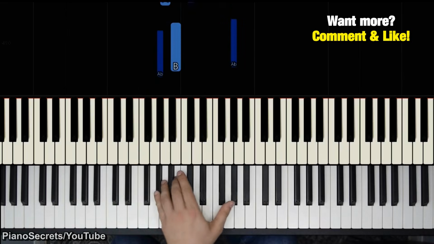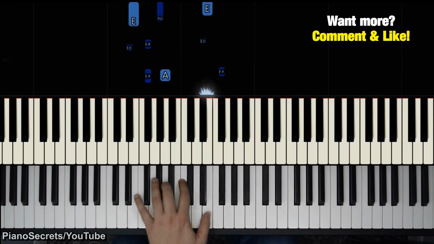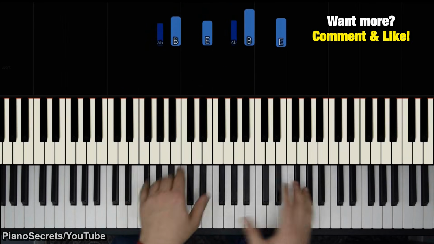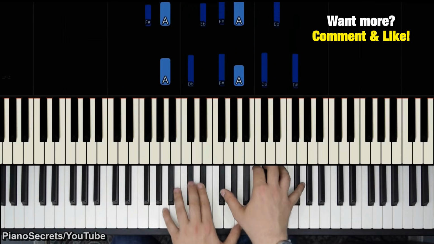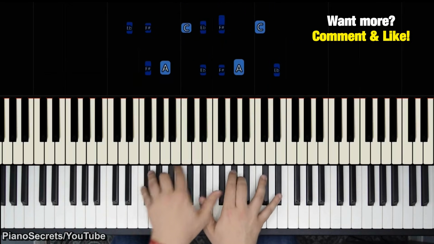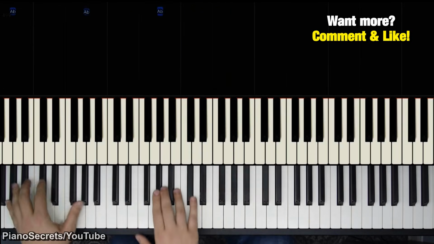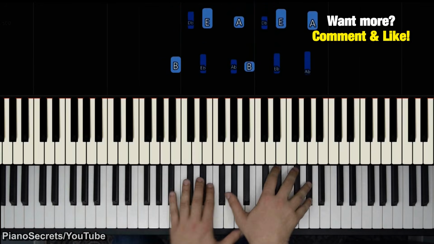Together now, remember that you could split them each one. Same time. Okay, so once we get to G sharp, we have this.